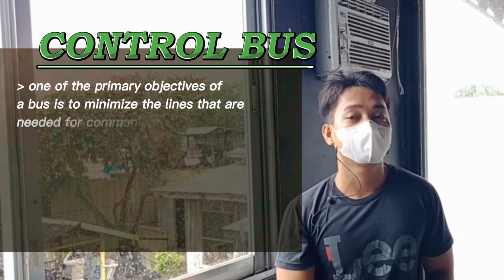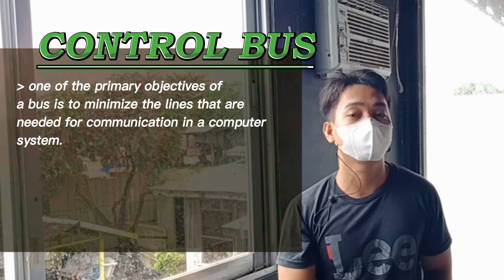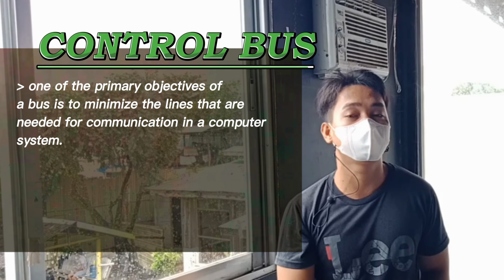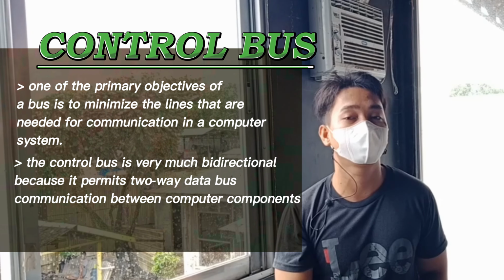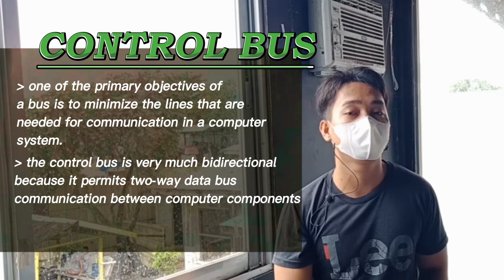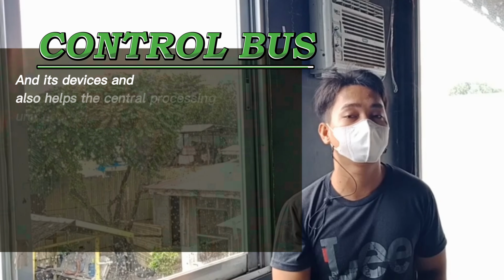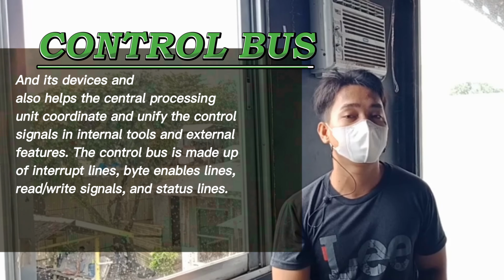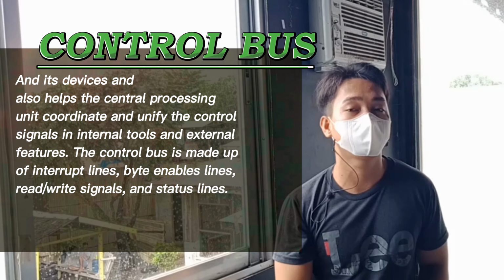Not forgetting, one of the primary objectives of a bus is to minimize the lines needed for communication in a computer system. In contrast to an individual bus that allows communication between devices using one data line, unidirectional, the control bus is bidirectional because it permits two-way communication between computer components and devices. It also helps the central processing unit coordinate and unify the control signals in internal tools and external features.